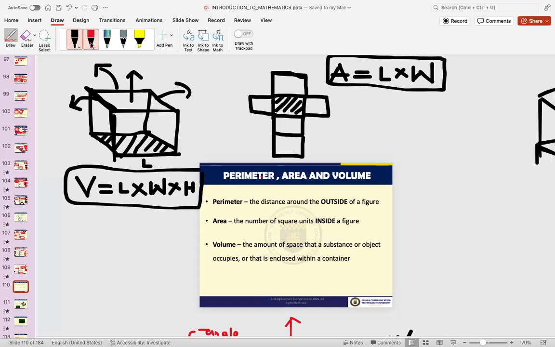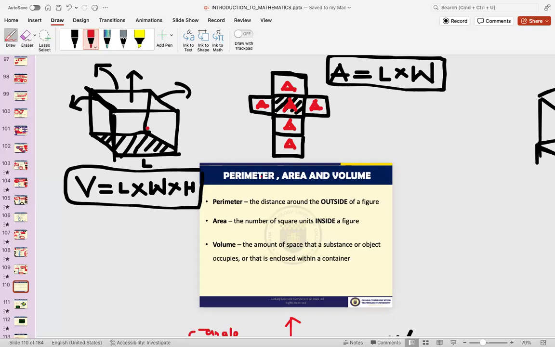So in other words, I can find the area here. I can find the area here because all of them have length and width. I can find the area here. So several areas, and then I'll put all of them together: area 1, area 2, area 3, area 4, area 5, area 6.